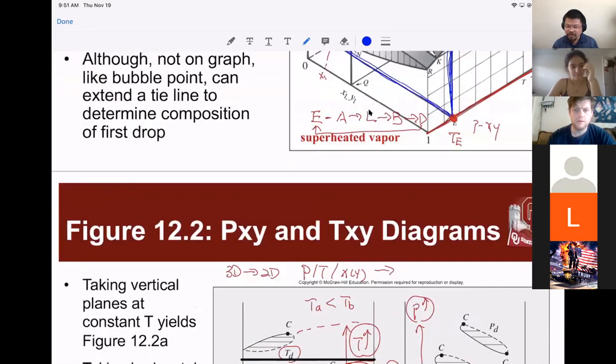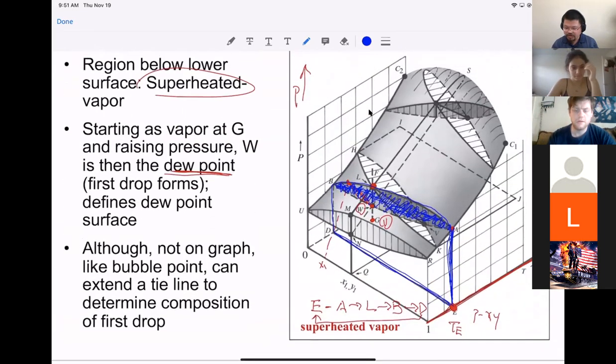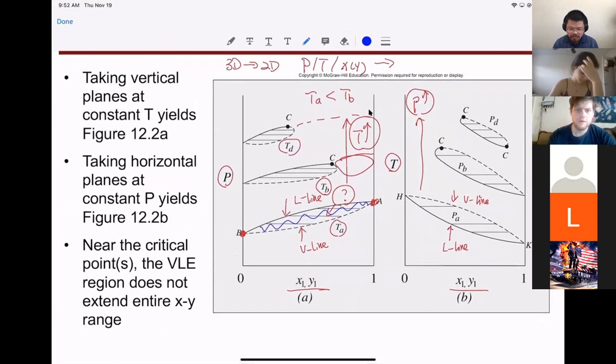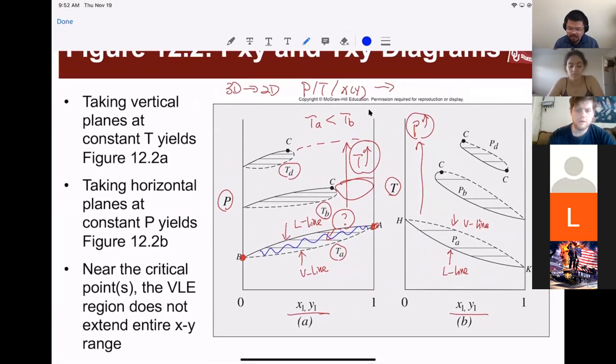And then of course, if you are moving along the temperature, say if you are going to cut over there, then you will have this kind of shape. Okay. So this is what we are going to have, the PXY.